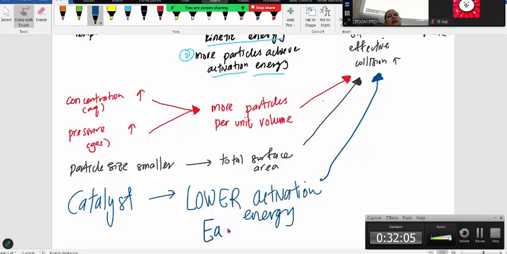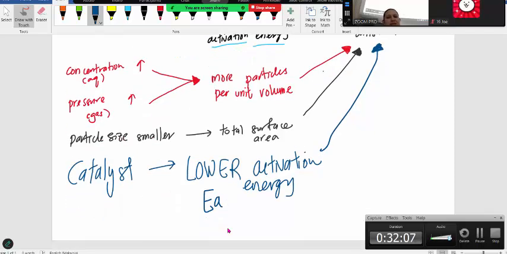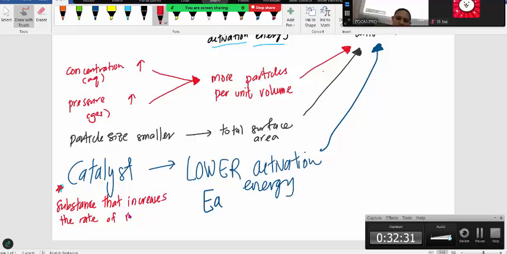Another question they will ask you is, what is the definition of catalyst? Remember, a catalyst is a definition. You cannot write what you feel. You must write what the actual answer is. A catalyst is a substance that increases the rate of reaction but remains unchanged.